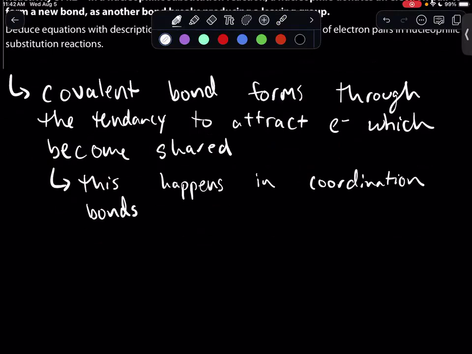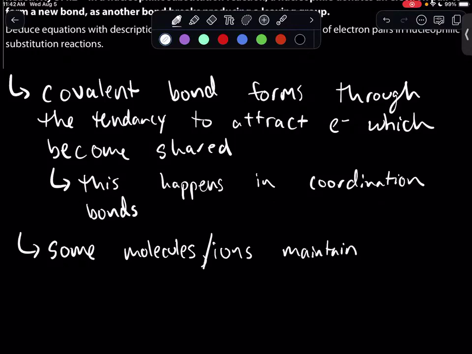Now, we also know that when we're looking at Lewis diagrams, some molecules or ions maintain lone electron pairs.